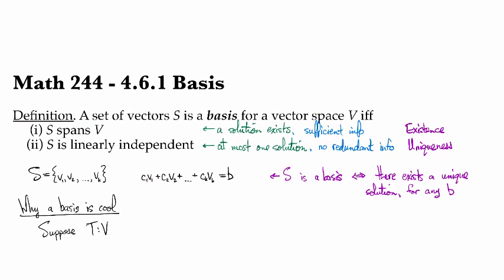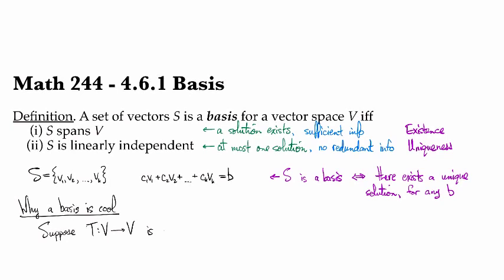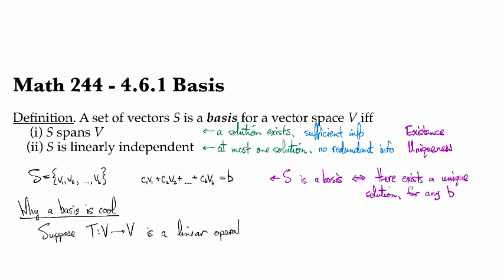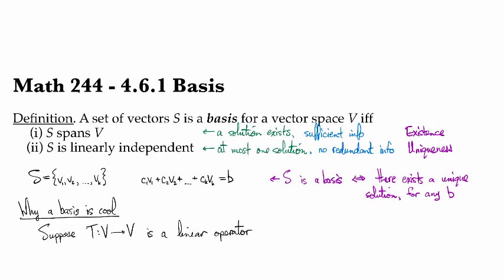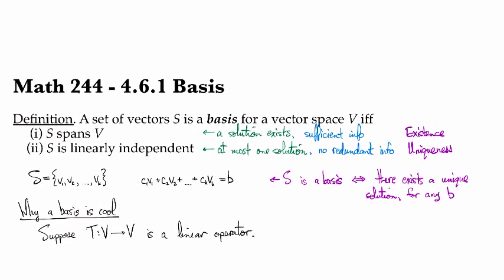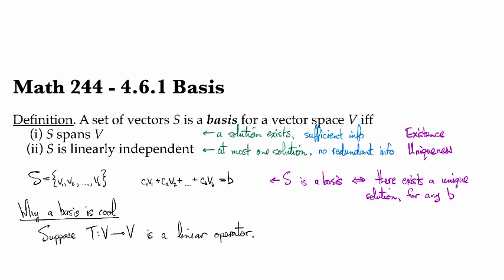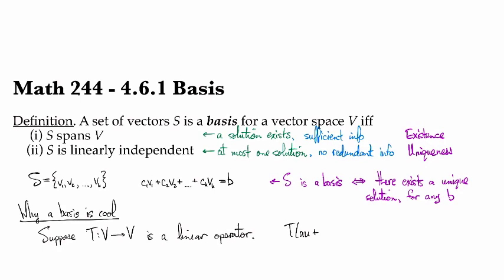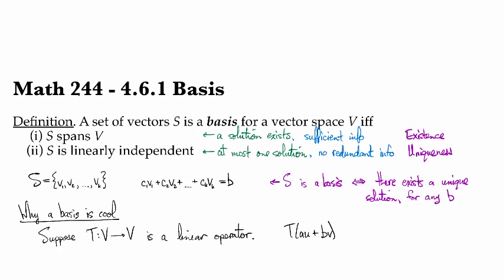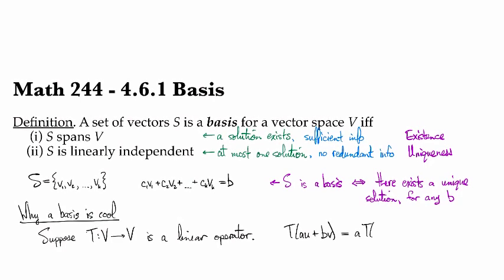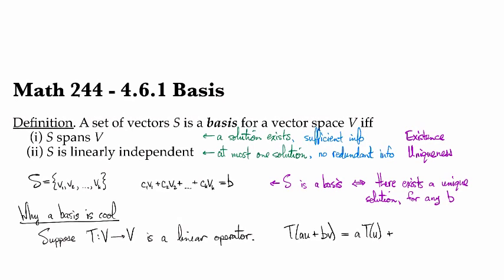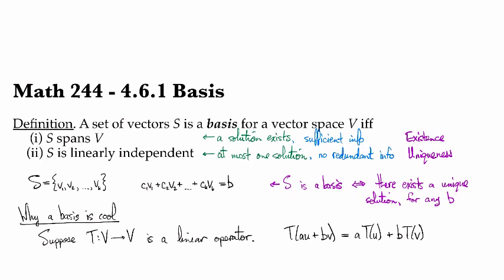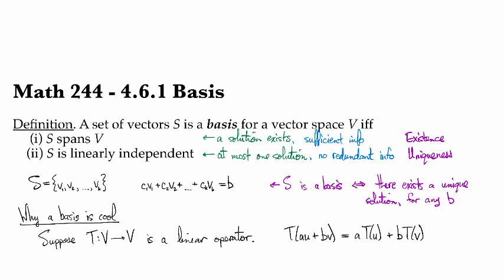Suppose we have a linear operator T. This is a function that takes vectors in V to other vectors in V. Precisely, it means that if we apply T to a linear combination, it's the same thing as applying T to the individual components first, taking the scalar multiples and then adding them up. So taking the linear combination after applying the transformation.